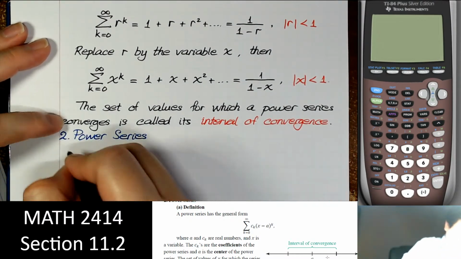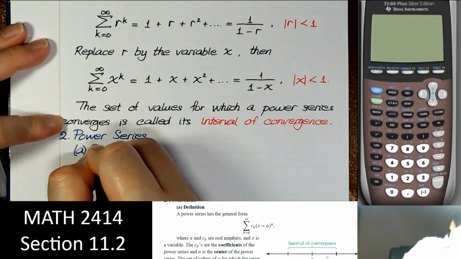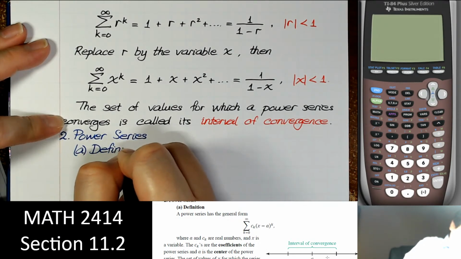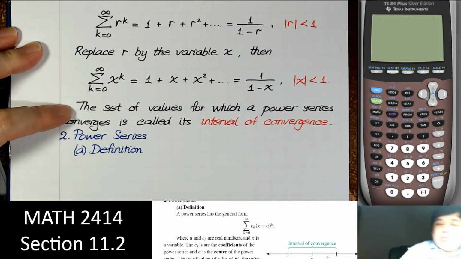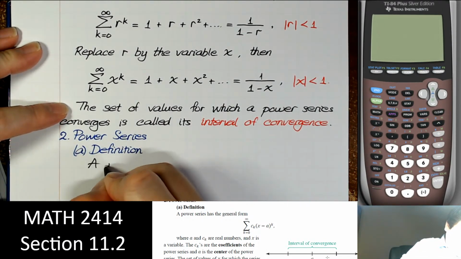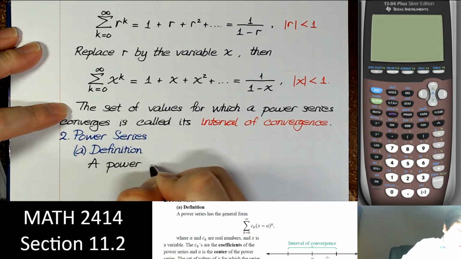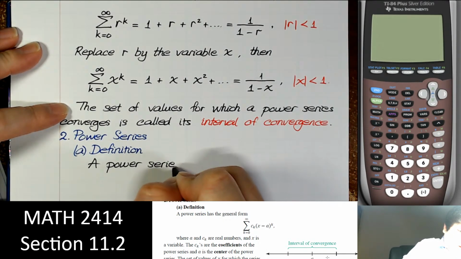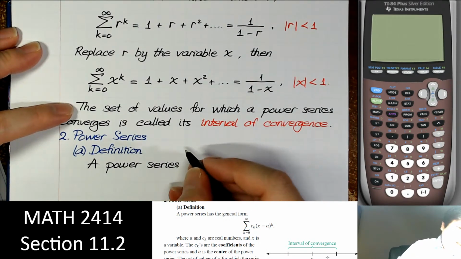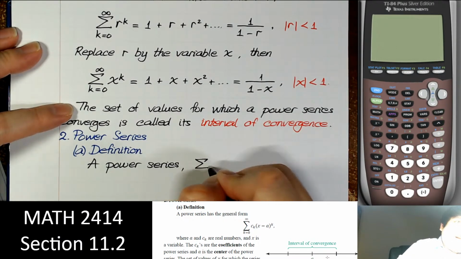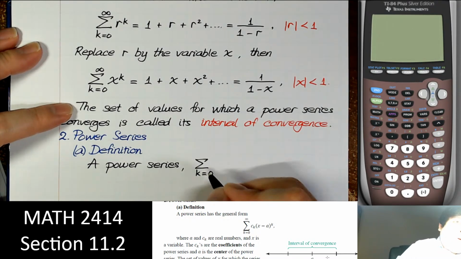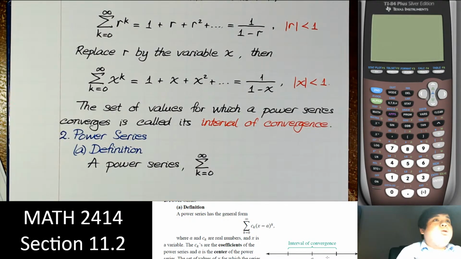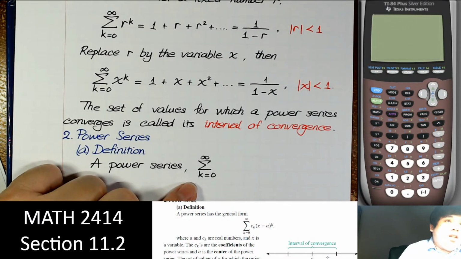First, the definition. A power series, I'm not going to write everything, that's a bit much. So when we have K going from 0 to infinity, that is the index.